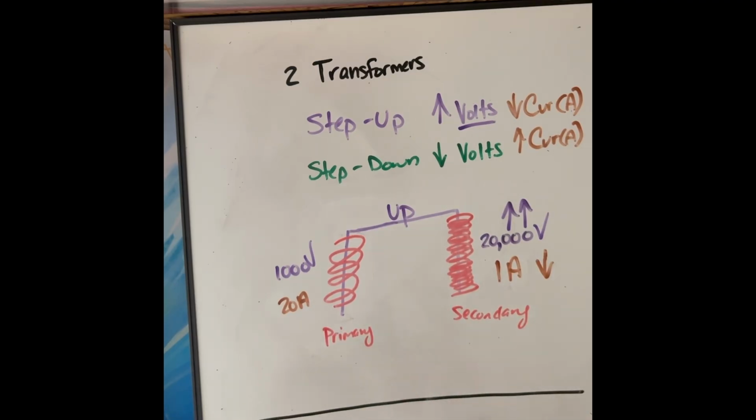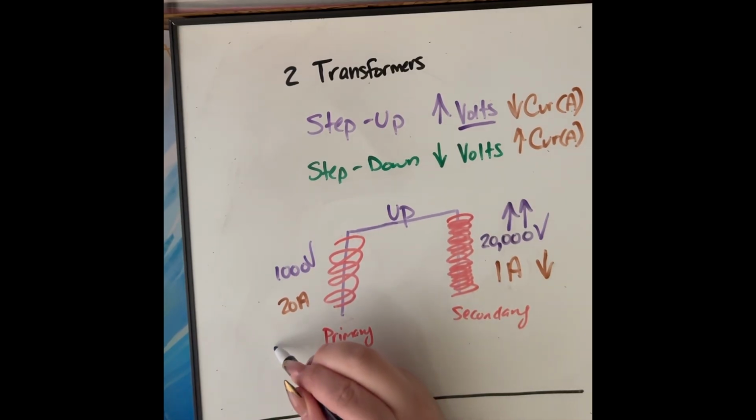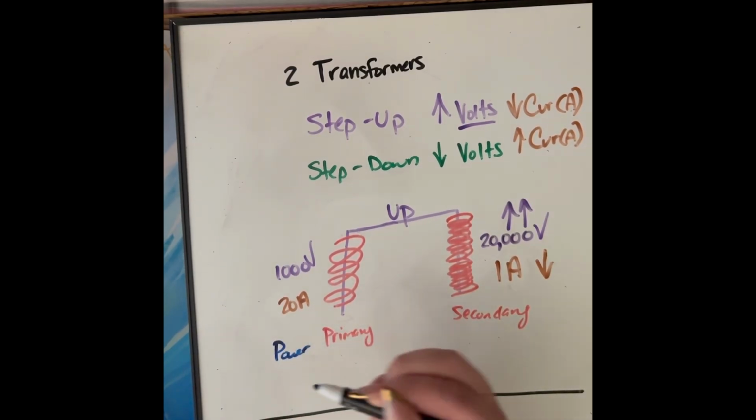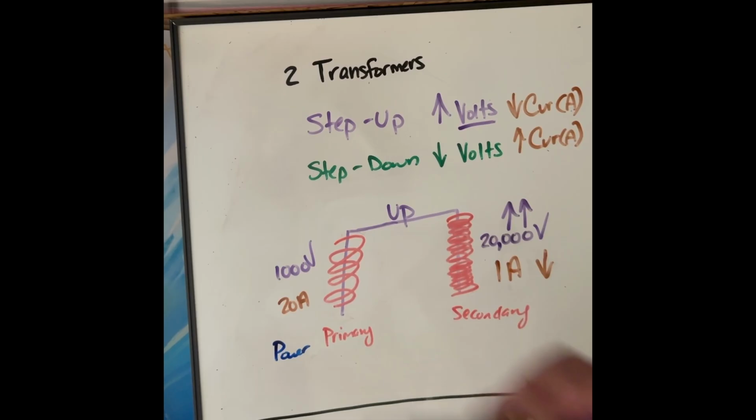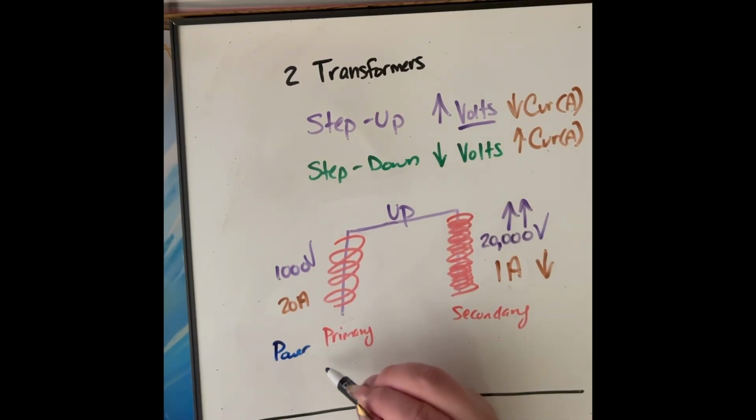And then we had a third little guy. His name was power. Our voltage and our current together are going to make our power. So if our power over here would be our voltage times our current, which would be 20,000 on one side.